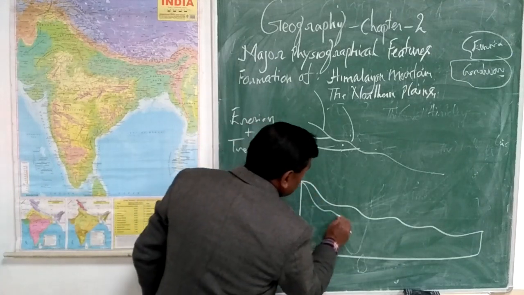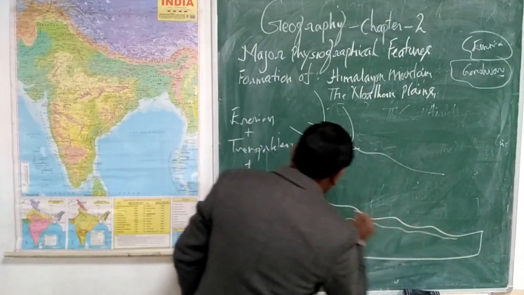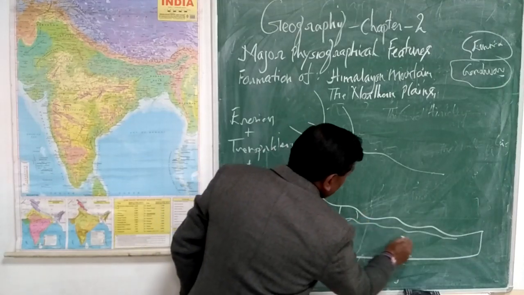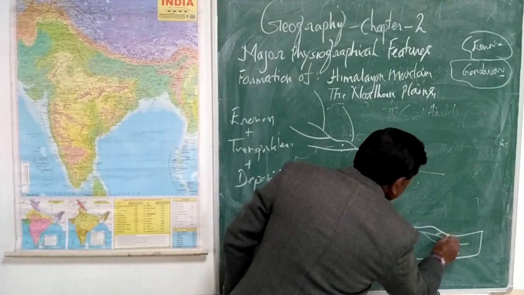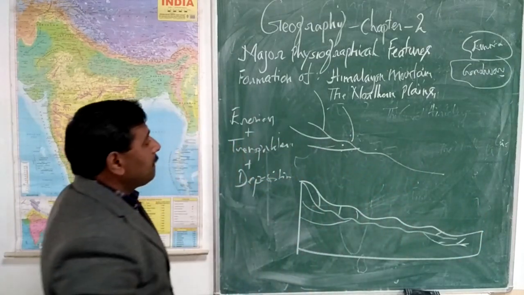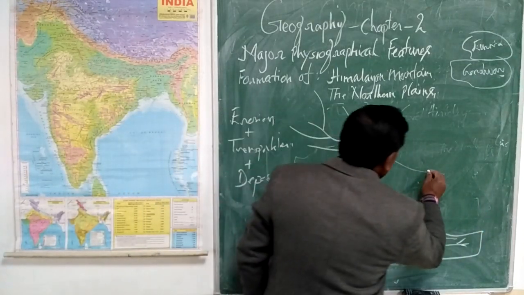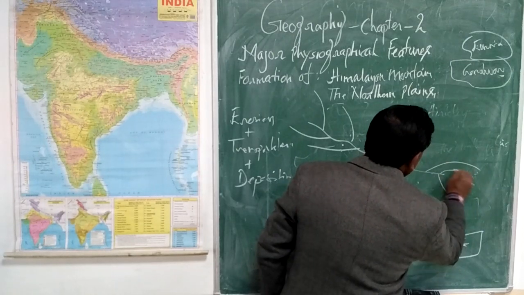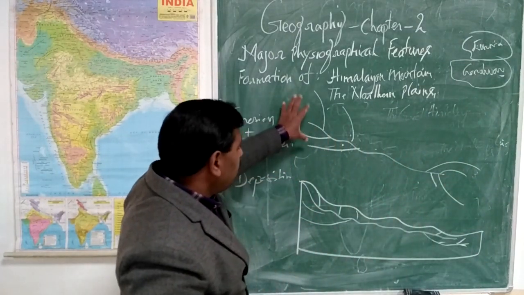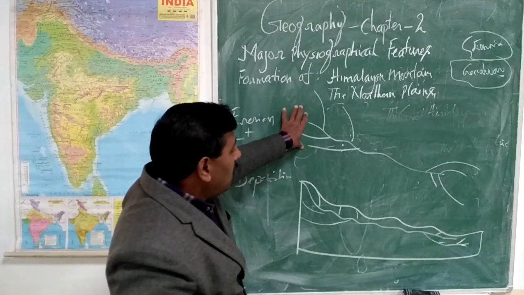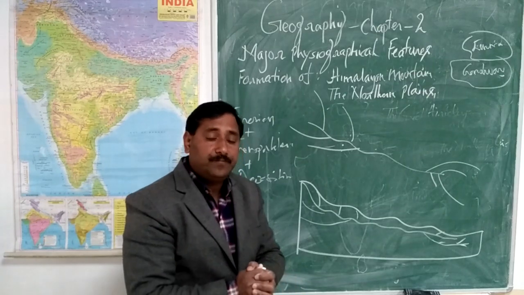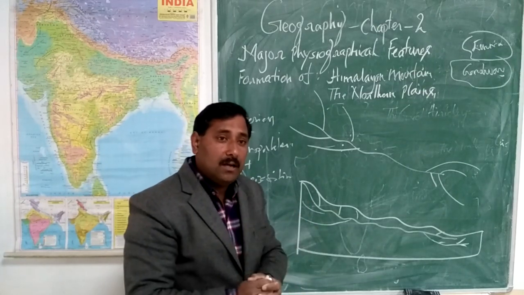These are the rivers with different tributaries. And at the end, what happens? The same can be understood over here. Now, a river doesn't become a large river from the starting point where it originates.